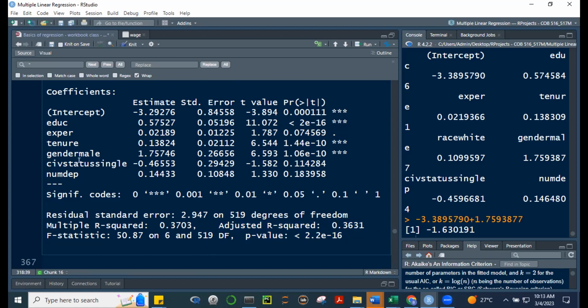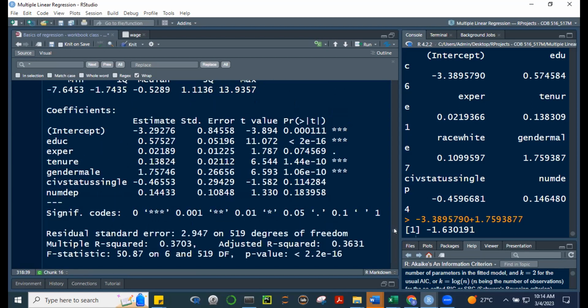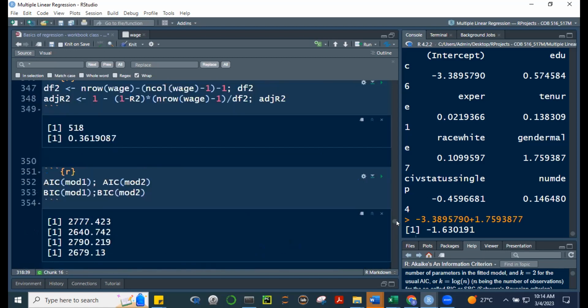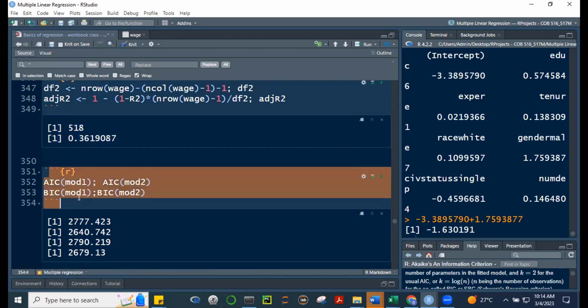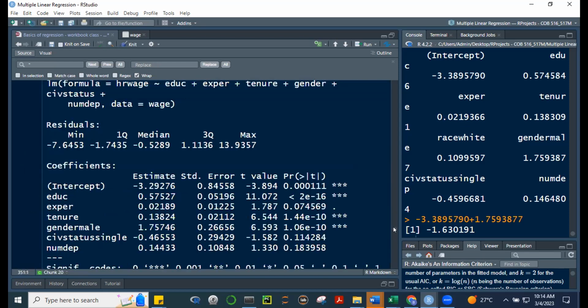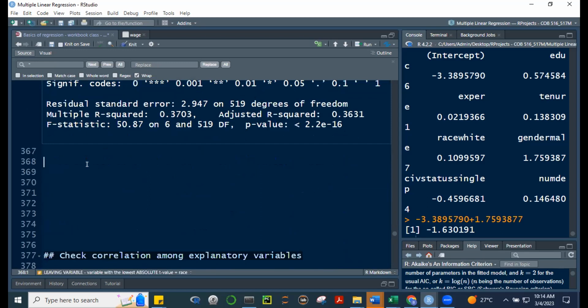At least one of the predictors is not equal to 0. Okay? So let's once again test. Copyhin ko na lang to, no? Para mas mabilis. Let's test the Akaike and the Bayesian information criterion, and let's compare.